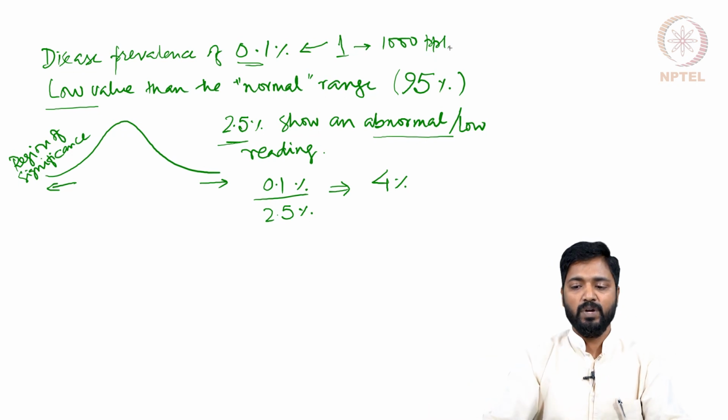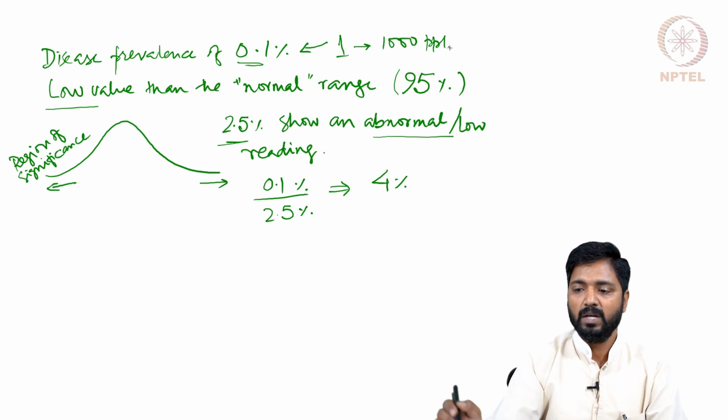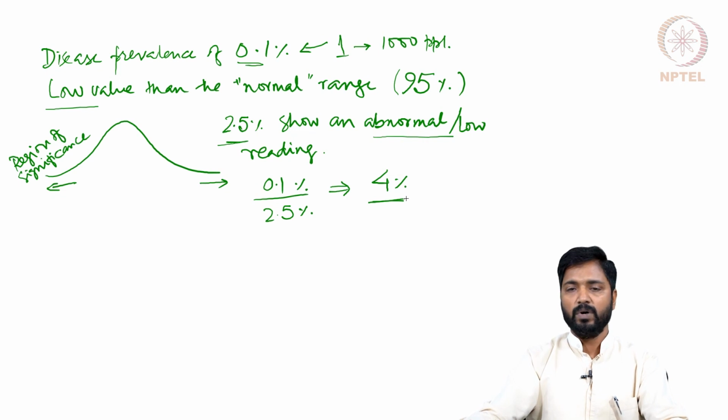But if we can pre-screen the people based on their temperature rise, we will have a 4% chance of finding the people with the disease.